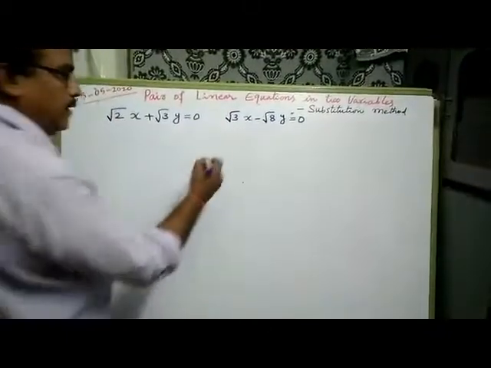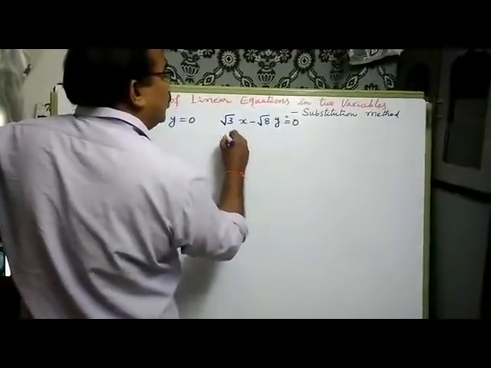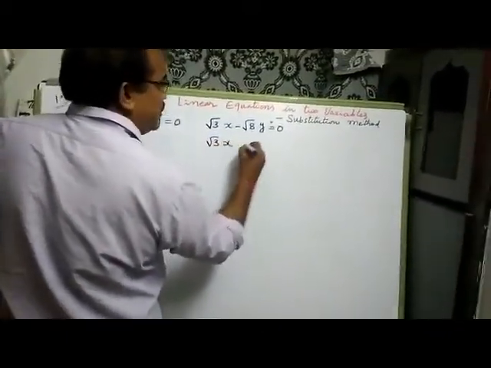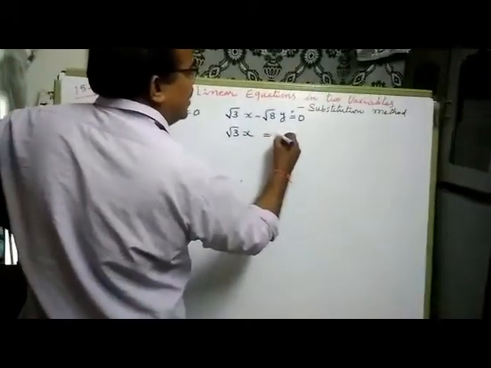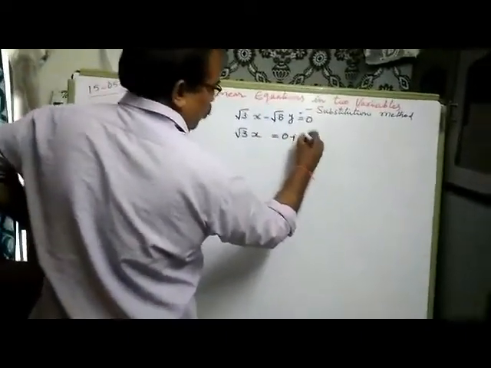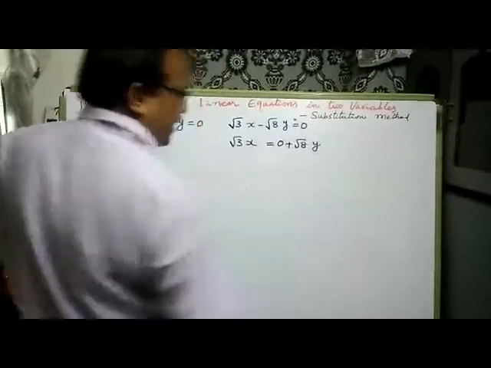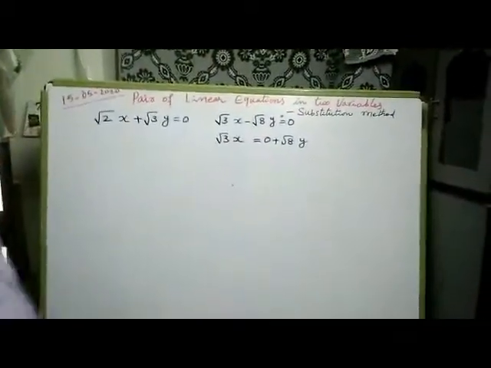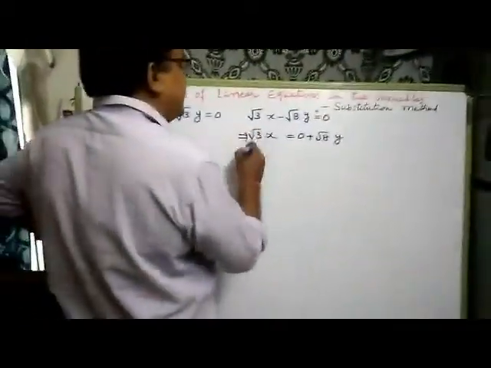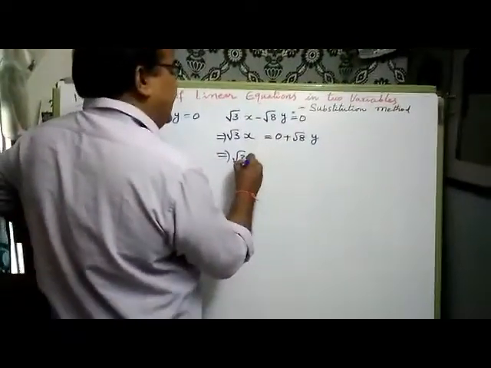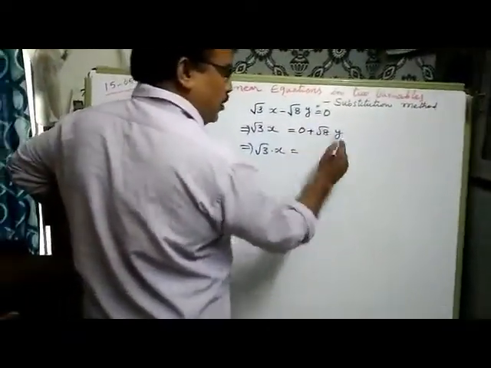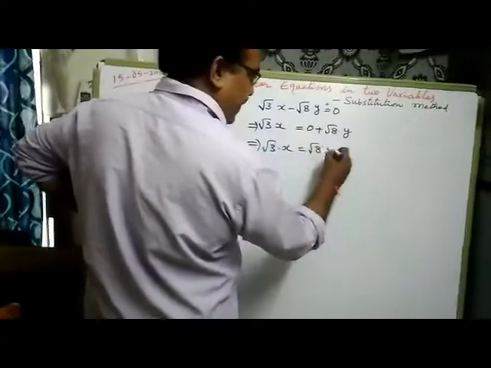Now here I am writing root 3 into x is equal to 0 plus root 8 y. That implies root 3 into x is equal to 0 plus root 8 y.